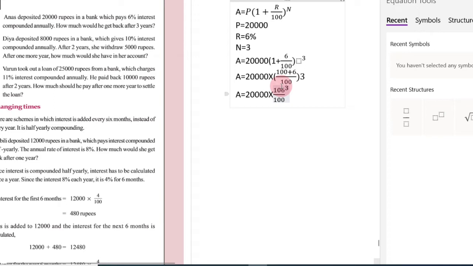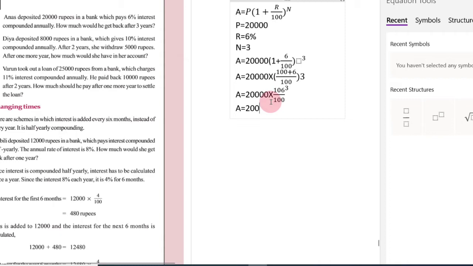Here we can see that this 106 by 100 is a decimal number. So find out the value of that decimal number. What is that? 1.06, right?